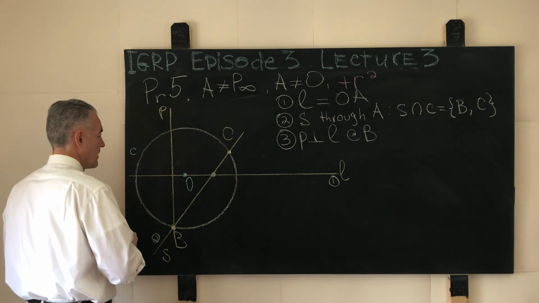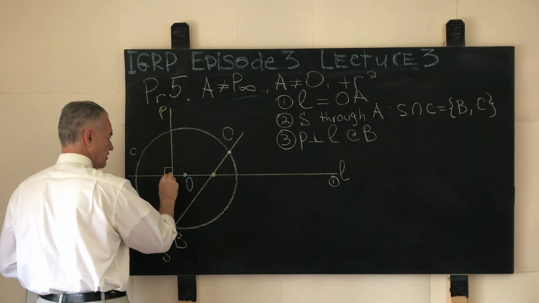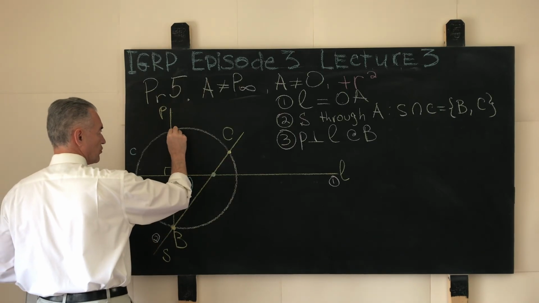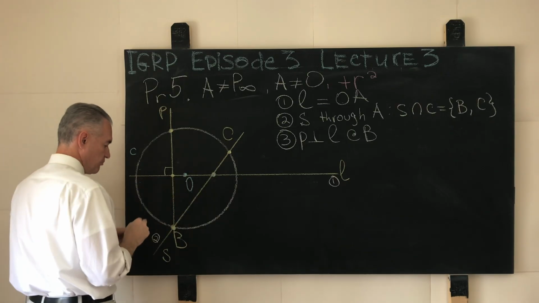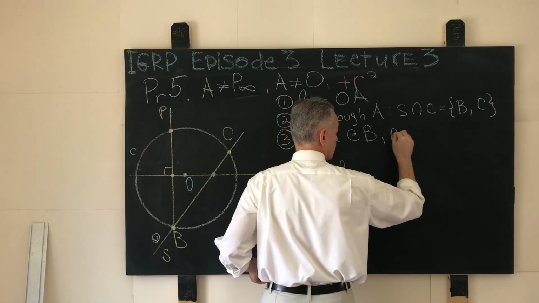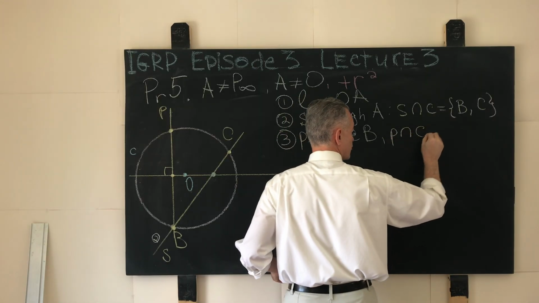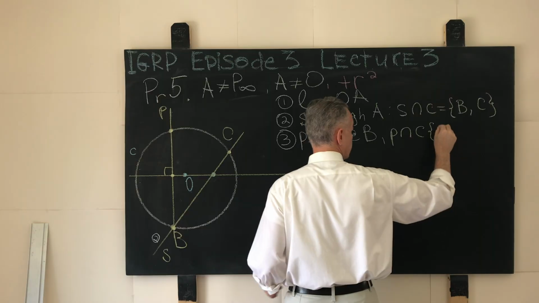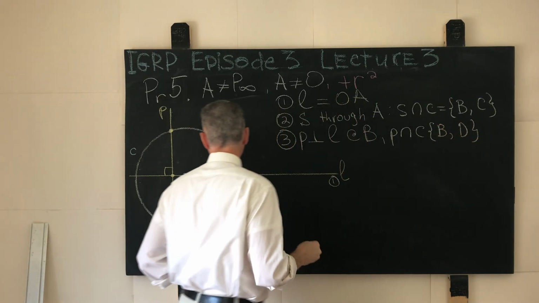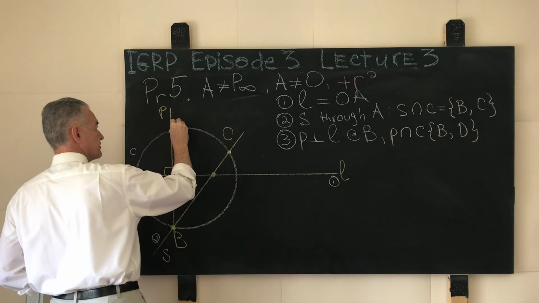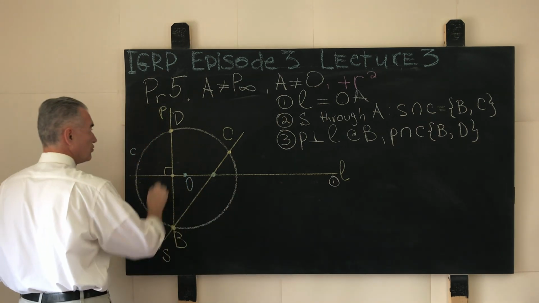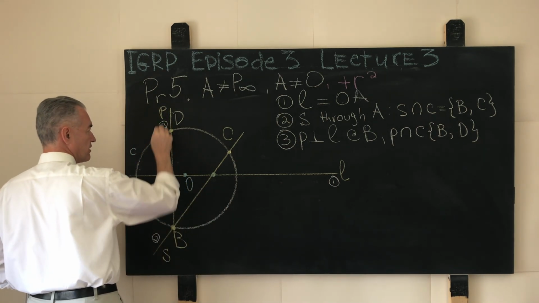Through the point B, this angle is right. There will be some point over here, and another point over here. Let's say P will intersect the circle of inversion evidently at the point B again, and at the point D we have another point. We generated another point, D. This is our point D, and this was 1, this is 2. We carefully record this as a straight line 3, and that's it.